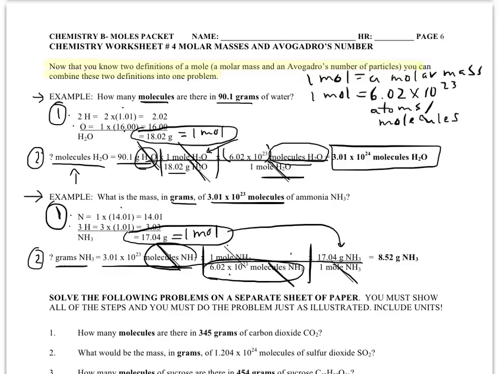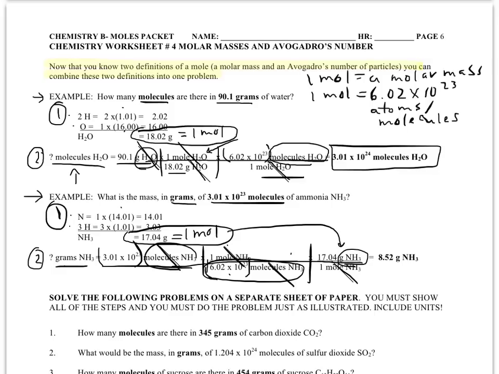This time moles are going on the bottom because that's what I want to cancel out, which leaves me with my units in grams. So I do my multiplication and my division. Again, these numbers that are in scientific notation, unless you're using that EE button, need to be in parentheses. Otherwise, you're going to get a really weird, large answer.